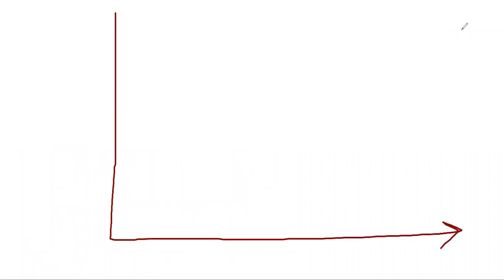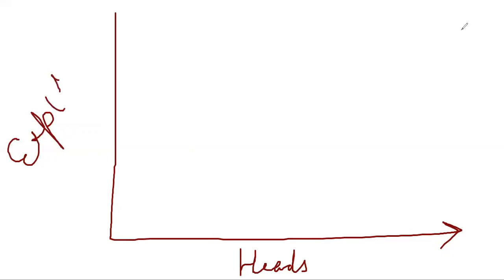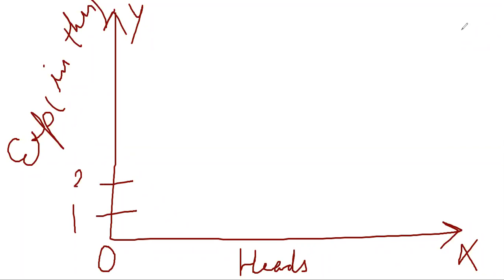On x-axis we'll take heads, on y-axis we'll take frequency, expenditure in 1,000 rupees. This is our x-axis, this is our y-axis. So we'll take here 1, 2, because it's given up to 5, with the same gap given.